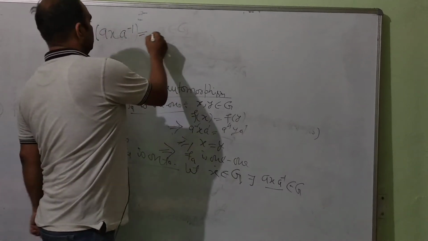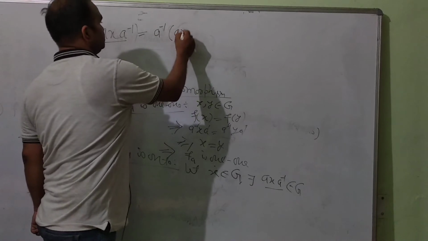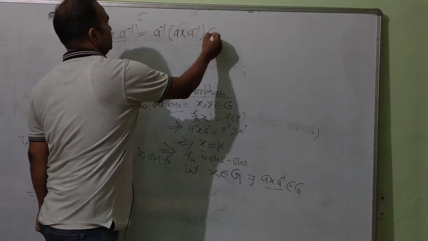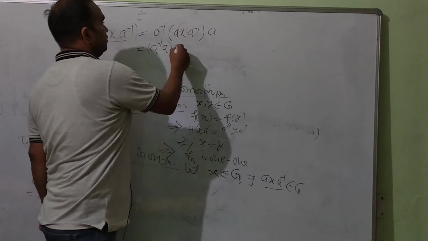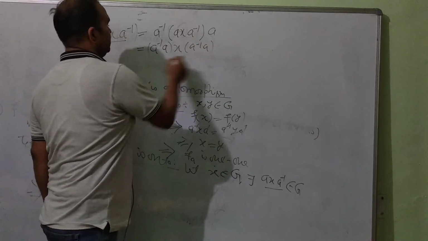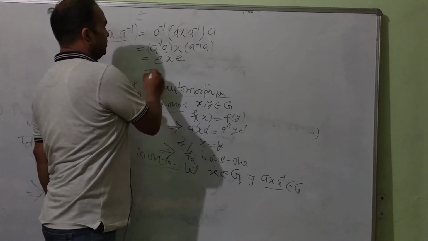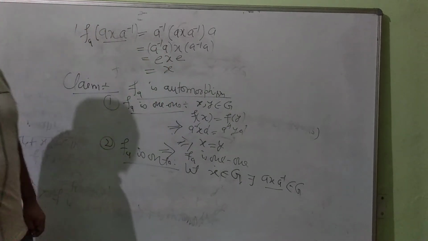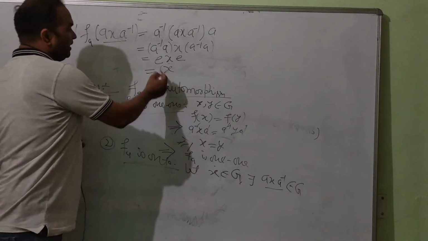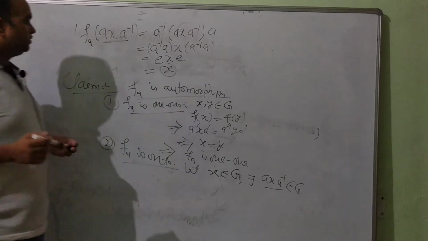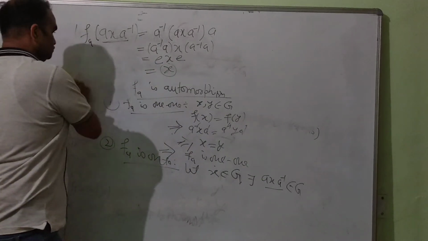By definition this value is A inverse of this element into A. So this is A inverse into A by associative law, and A inverse into A. Now by definition this is identity, this is x and this is identity, and by the definition of identity this function is x. So every element has a pre-image. So this implies this function is onto.